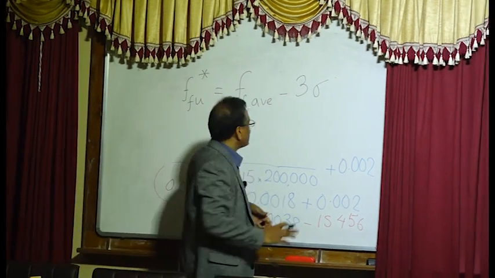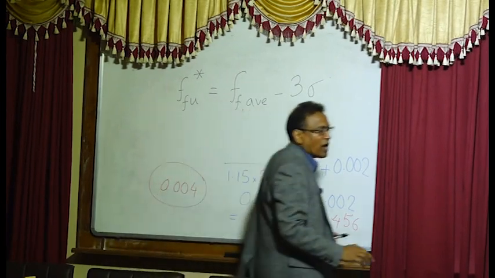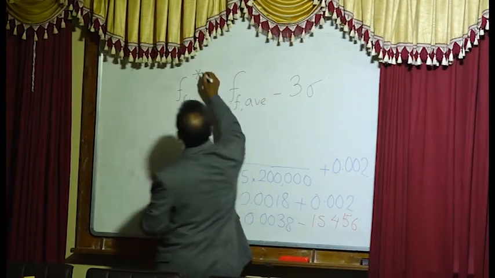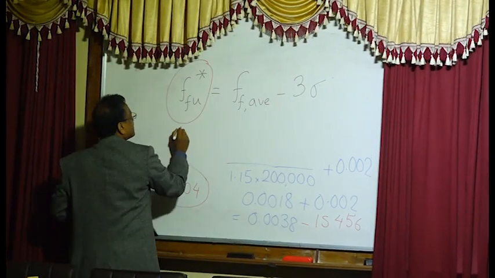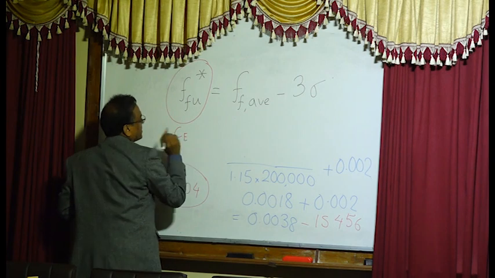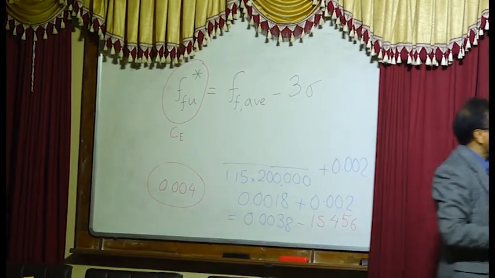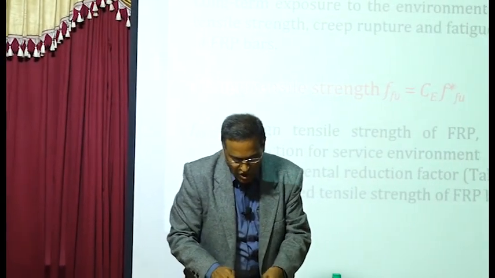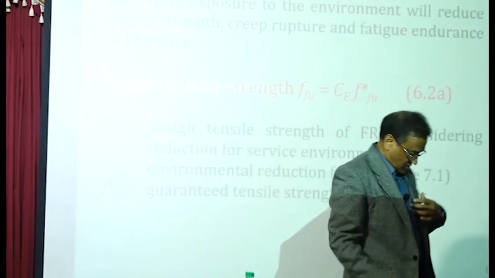So on this guaranteed strength, because of environmental condition, we are adding one more factor. That's what we are going to do. In FRP design, we are going to add one more factor on guaranteed strength.